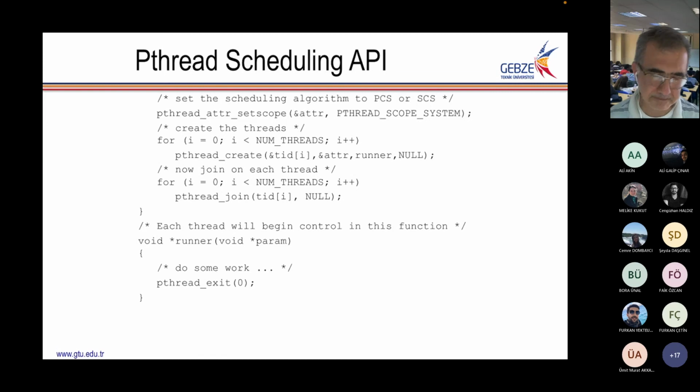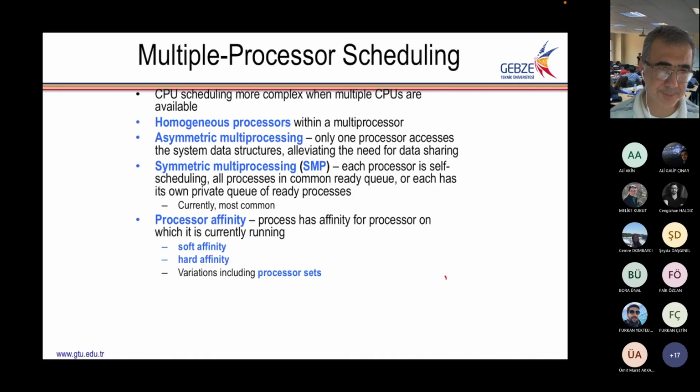Sometimes we have multiple processors. When we have multiple processors, scheduling becomes an interesting issue. You may have identical processors, you may have non-identical processors arranged in a symmetrical way or asymmetrical way.